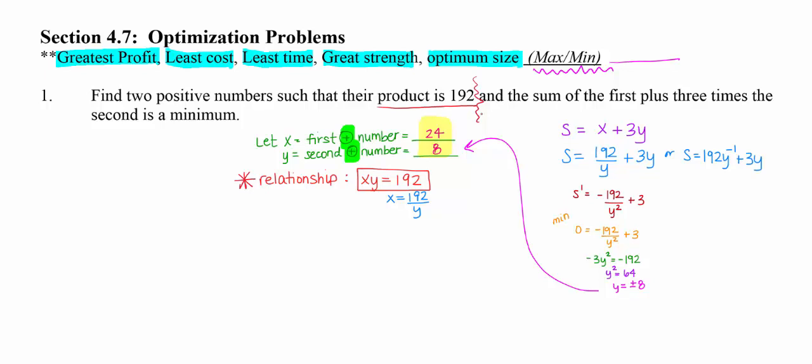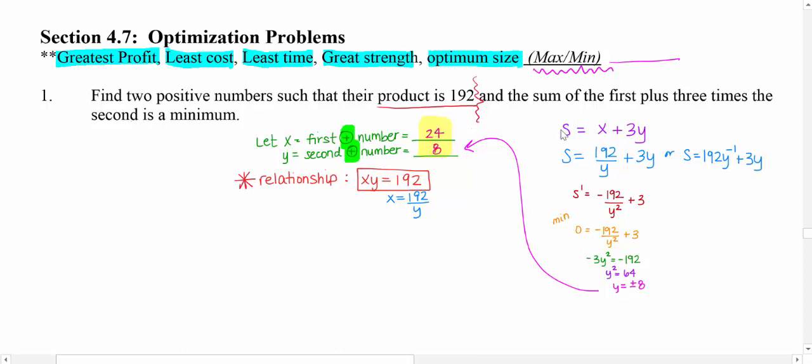Their product is 192. So we write x times y equals 192, and then you can solve that relationship equation, as we'll call it, for either x or y. Then you come over and say I have a sum. So I have the sum of the first plus 3 times the second needs to be a minimum.